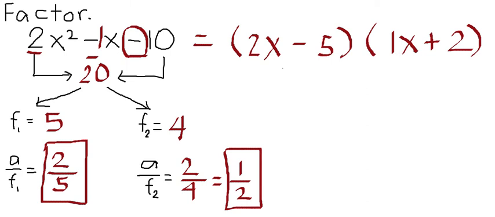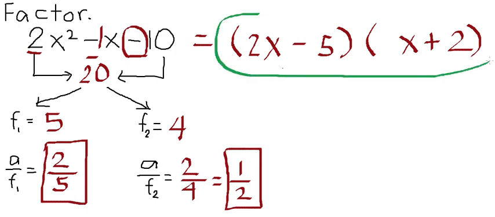Since ang 1x equivalent lang naman sa x, huwag na nating ilagay yung 1. Tinatanggal lang yung, take note ha, tinatanggal lang yung 1 kapag coefficient siya ng isang variable. Pero kapag wala naman siyang katabing variable, halimbawa 1, itong nandito, hindi mo pwedeng tanggalin yon, ha? So, the final answer is 2x minus 5 times x plus 2.